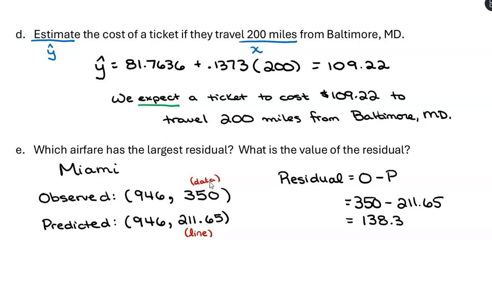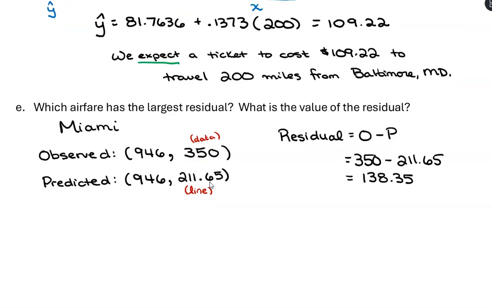A little off, but we're using some rounded values here, whereas Statplet is probably keeping everything really accurate. But being off at the second decimal place is not the end of the world.